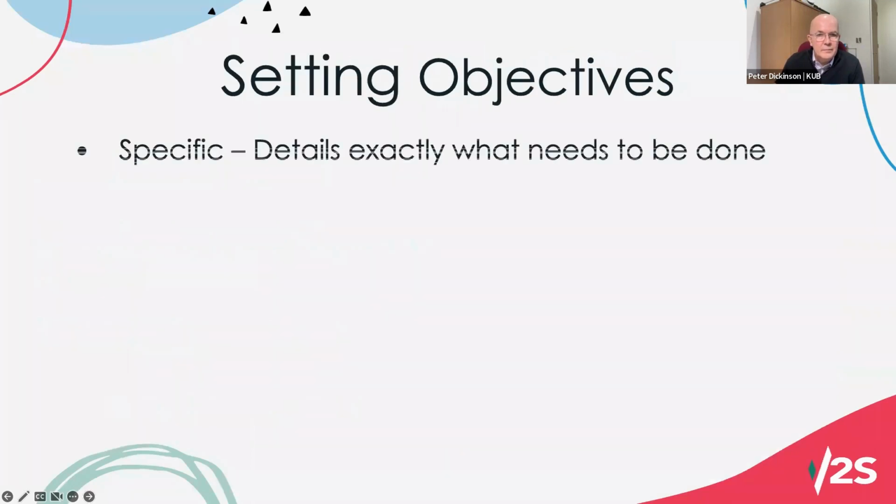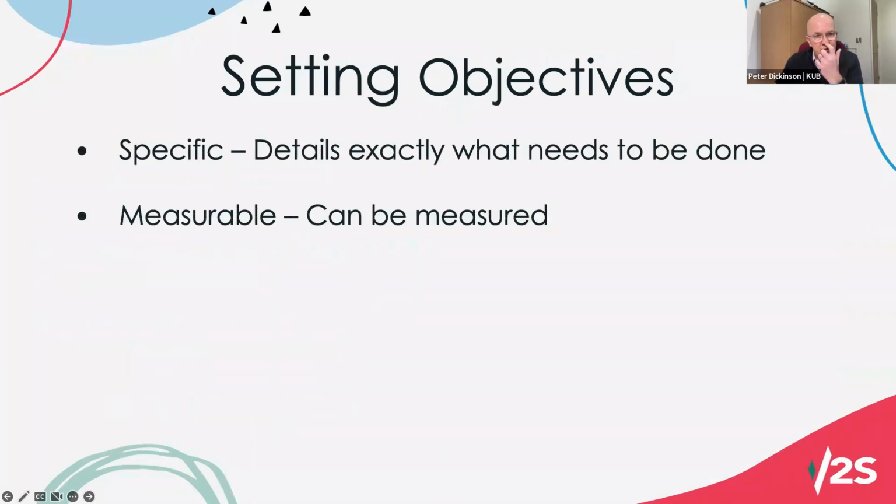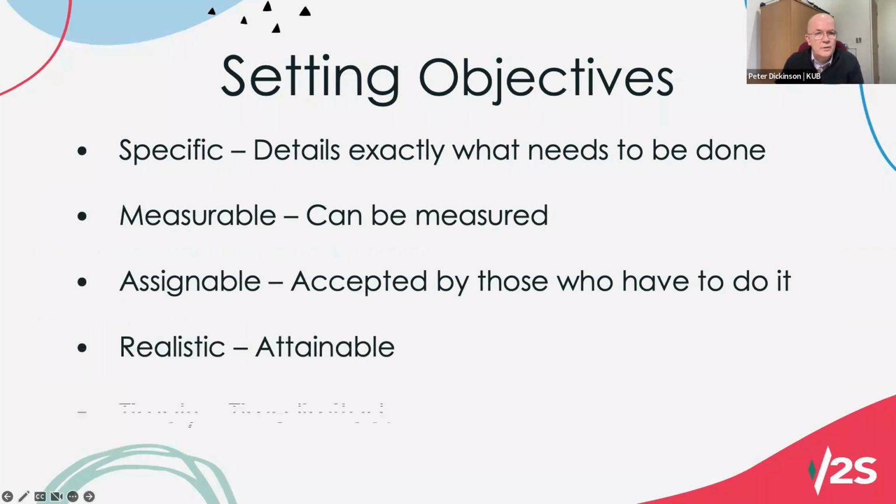Yeah. So setting objectives, you should all hopefully know this from running a business. So be specific, details of what you exactly want, what needs to be done. Measure, can you measure it? And you've got to be careful that measurement doesn't distort the process.